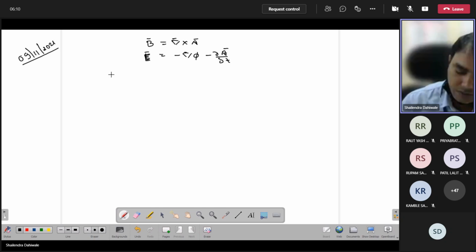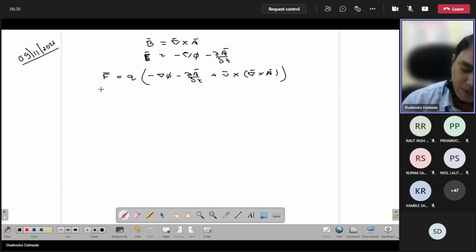So our force, the Lorentz force. We had written this force as q times minus del phi minus del A by del t plus v cross del cross A, right?